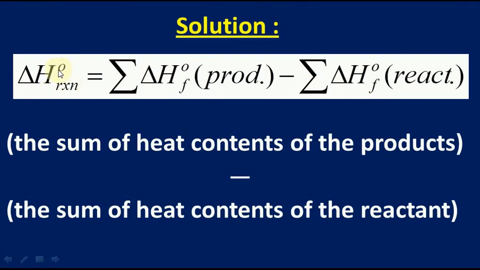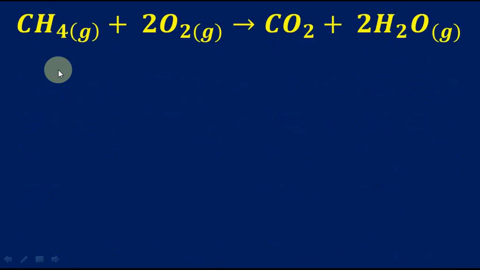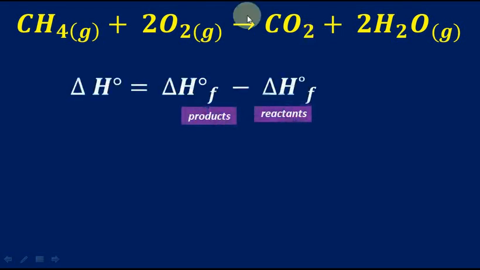The first step in solving the problem is to write the equation and determine reactants and products. Reactants on the left side, products on the right side. We will write products first: delta H equals delta H formation of products minus delta H formation of reactants.